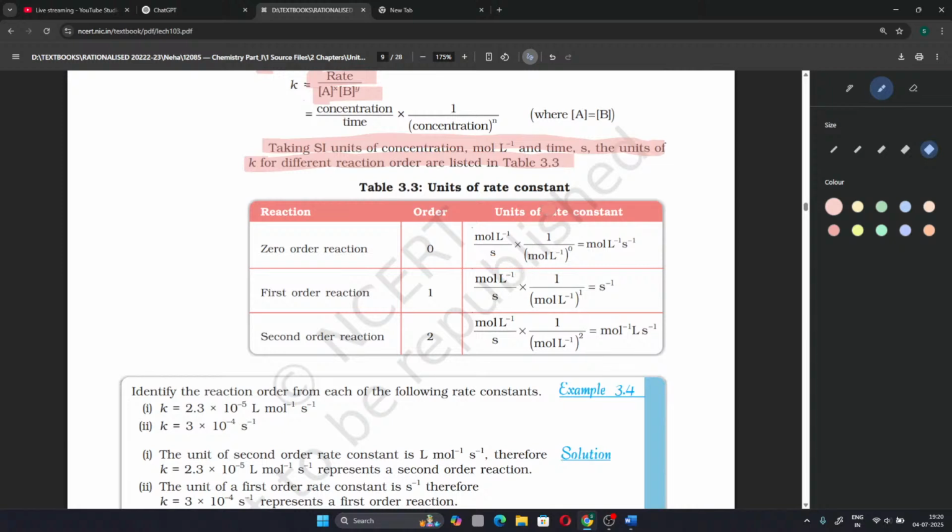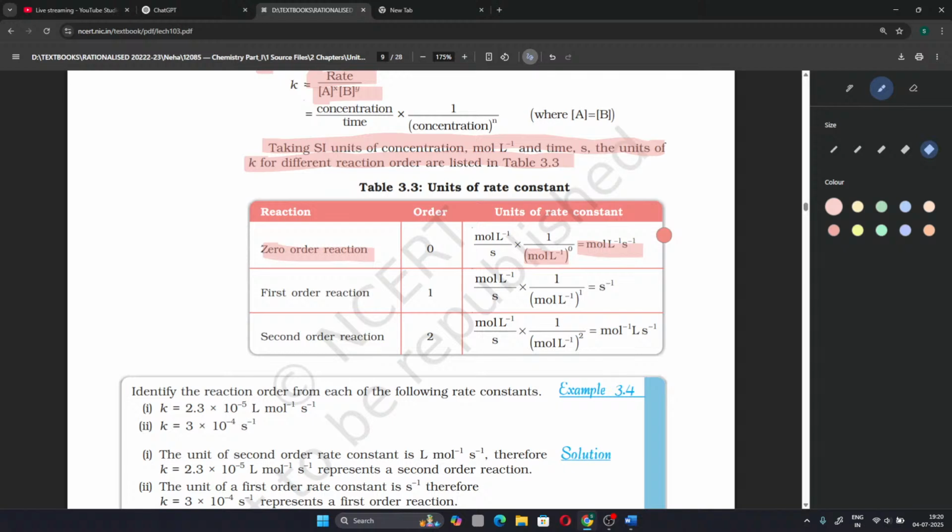In a zero order reaction, the order is 0, so mole per liter to the power 0 is 1, and the unit is mole per liter per second itself. For a zeroth order reaction, the rate is equal to the rate constant, both magnitude wise and unit wise.